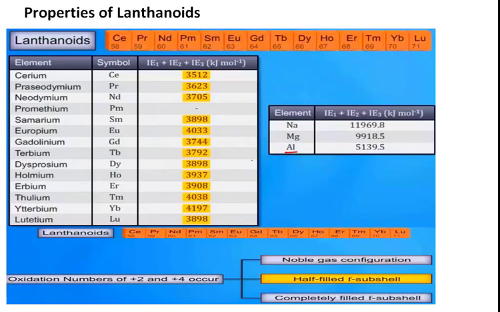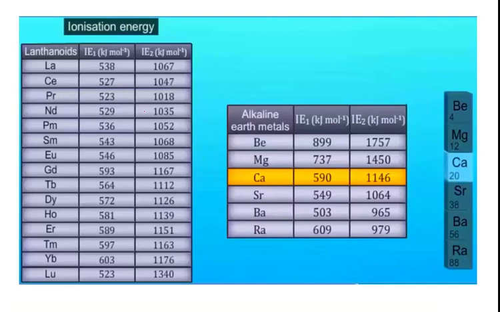They have almost the same similarity as aluminium. The ionization enthalpy values vary according to the size changes or according to their stable electronic configuration. These are the values for the first 2 ionization enthalpies.